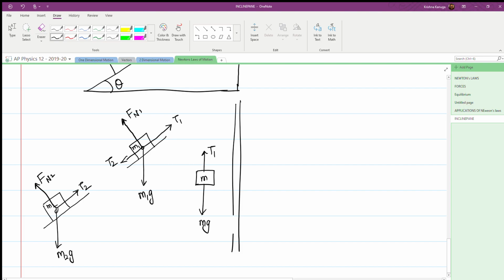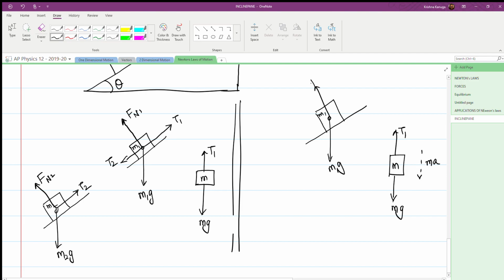Now, once we have these diagrams, let's draw separate pictures with components and our dotted arrows and all that. Let's do that very quickly. For the block M, we have mg down, T1 up, and since it's going down, we have MA pointing down. For block M1, I'm just going to draw all these forces: M1G, FN1, and T1. We need to break M1G into components. Our components are M1G cosine theta and M1G sine theta.